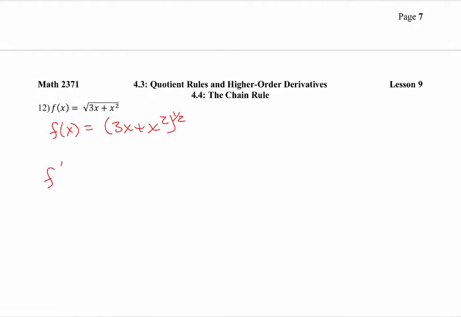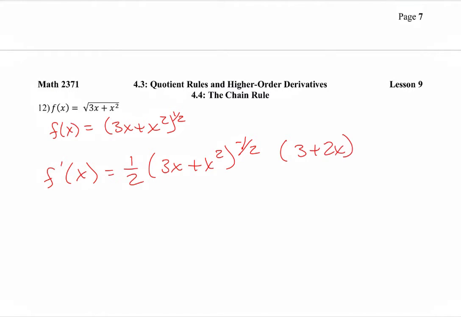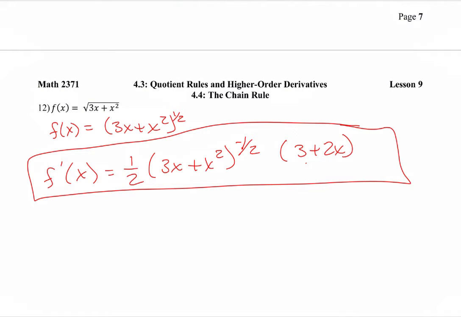So then f prime of x equals 1/2 times 3x plus x squared to the negative 1/2 times 3 plus 2x, because that's the derivative of the inside. Again, I can leave it alone because there's nothing to simplify. If I multiply this through, it does not simplify my expression any. So I'm done.